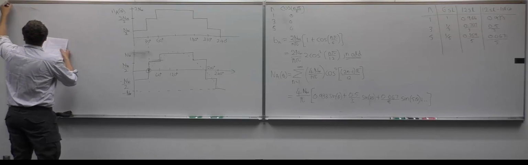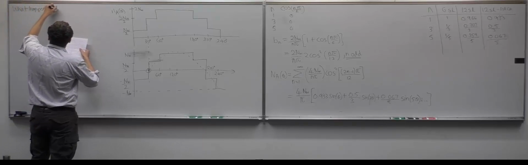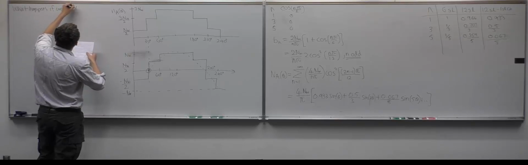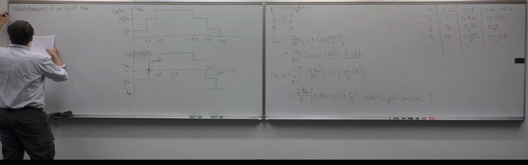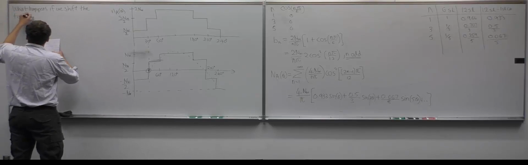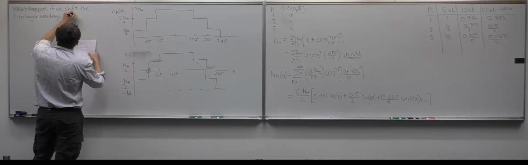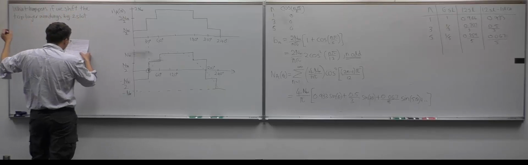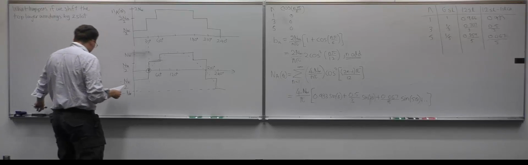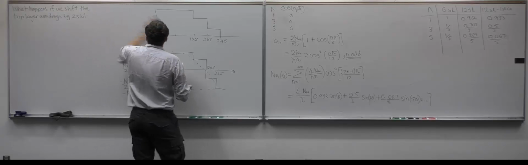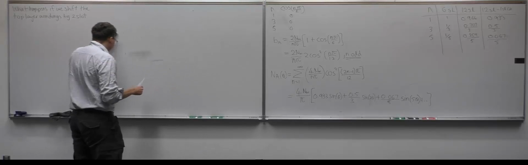What happens if we shift the top layer windings by 2 slots? So we have 2 slot shorting now. In that case, we have to redraw the turns and winding function. So let's do that quickly.